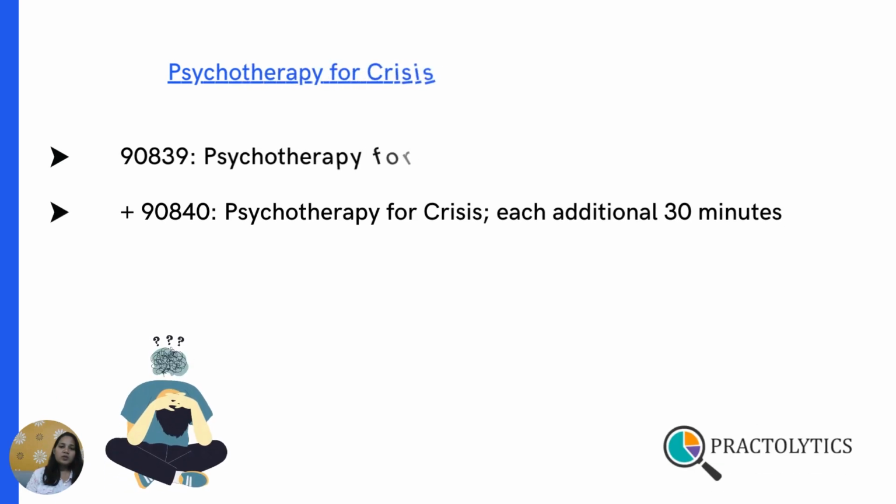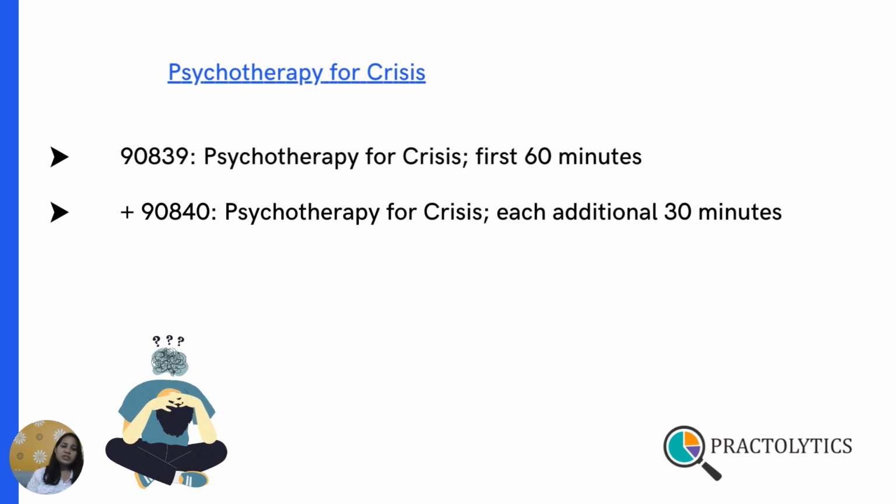Moving on to crisis. There are also CPT codes for psychotherapy for crisis. These are the codes for crisis psychotherapy sessions which require urgent assessment of the history, crisis state, a mental status exam, and disposition. Here we have two CPT codes.